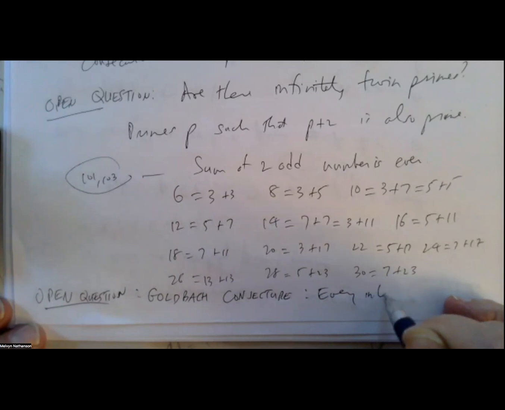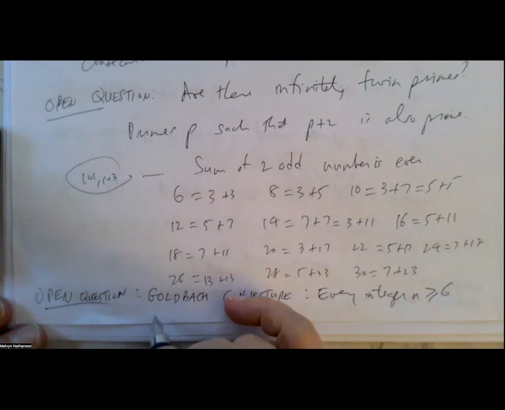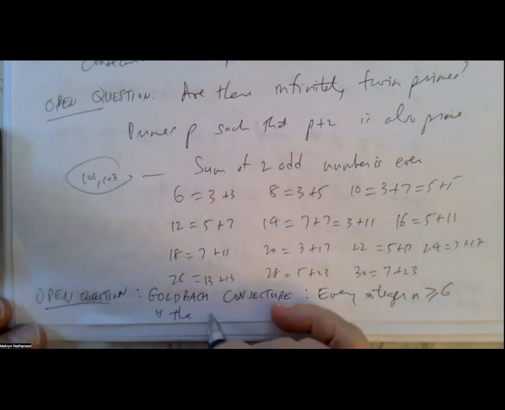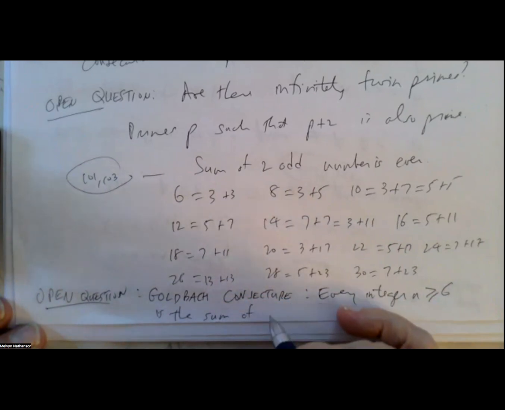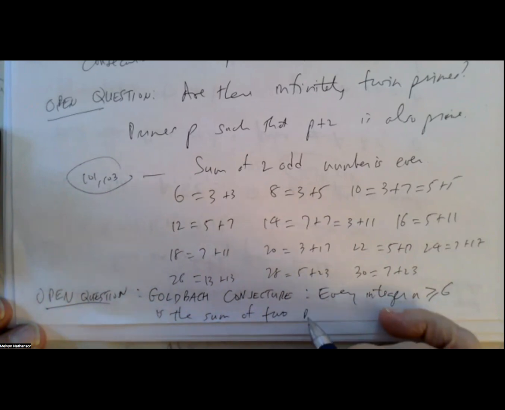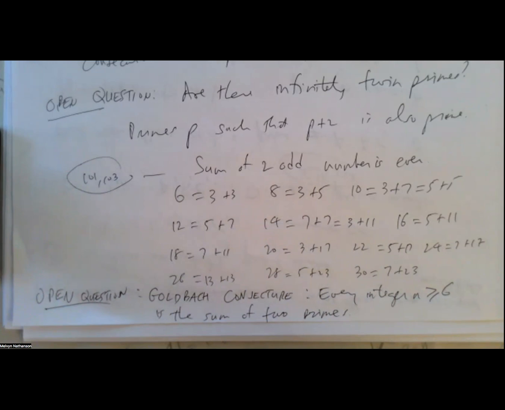Every even integer n greater than or equal to 6 is the sum of two primes in at least one way, right? And no one for hundreds of years has been able to solve this problem.